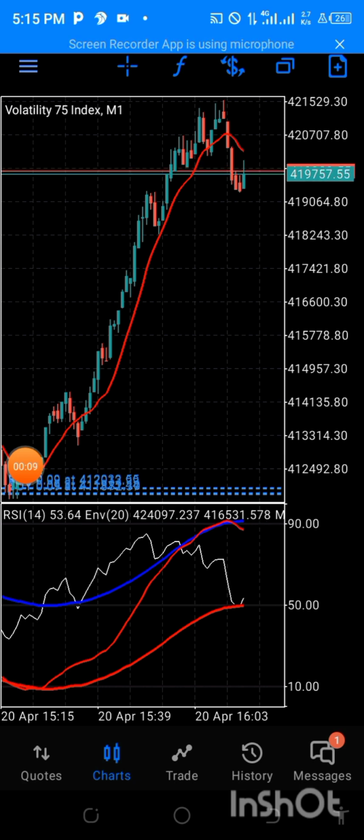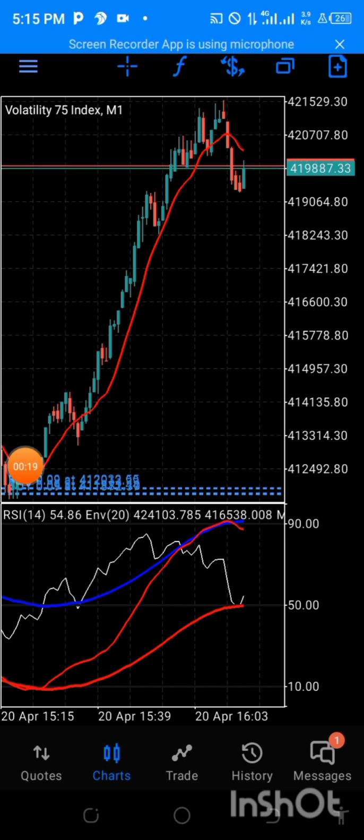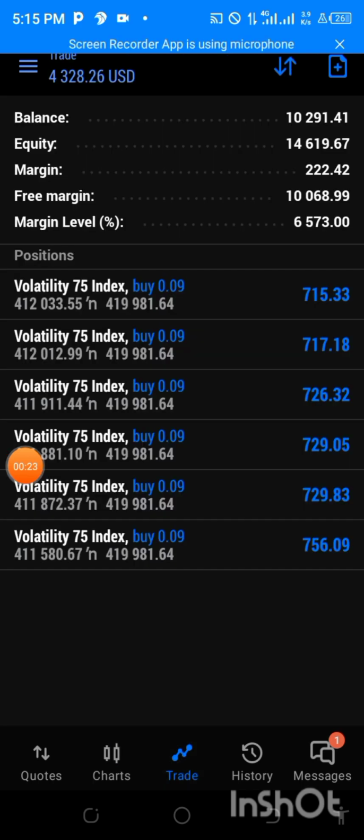So guys, we are here again to show you and make you understand how we place our trade and how we make money online right now. This is how we make money, guys. This is for you to see. These indices, for those who don't know, are synthetic indices, and this is Volatility 75.